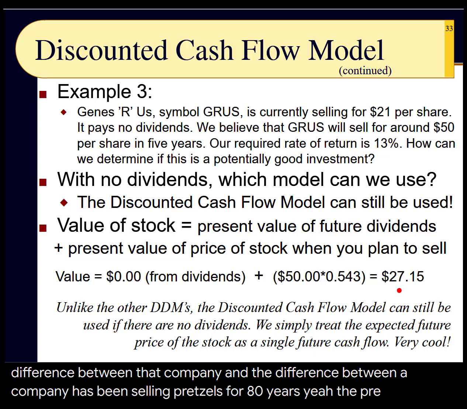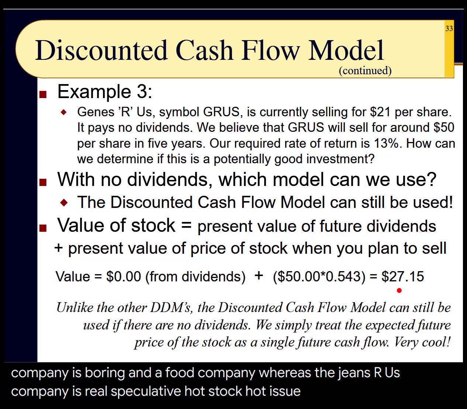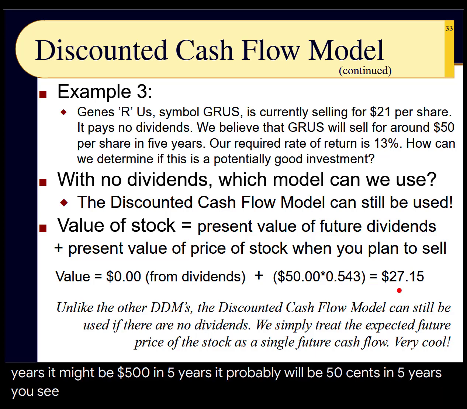The pretzel company is boring, a food company. Whereas the Jeans or Us company is a really speculative, hot stock, hot issue. It might be $50 in 5 years. It might be $500 in 5 years. It probably will be 50 cents in 5 years. You see now how not all stocks are the same.